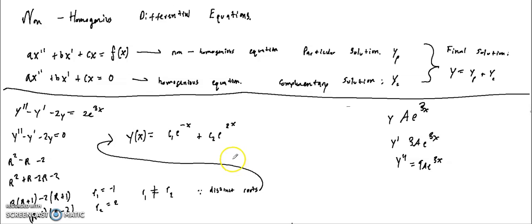Now, what I mean by saying we use the complementary, this is our complementary solution. We already found that. What I mean about using this for clues to find the particular solution is, say this was e to the 3x. Well, we're adding the particular solution with the complementary solution.